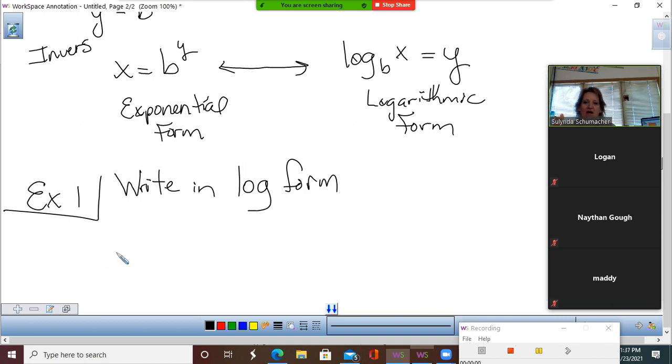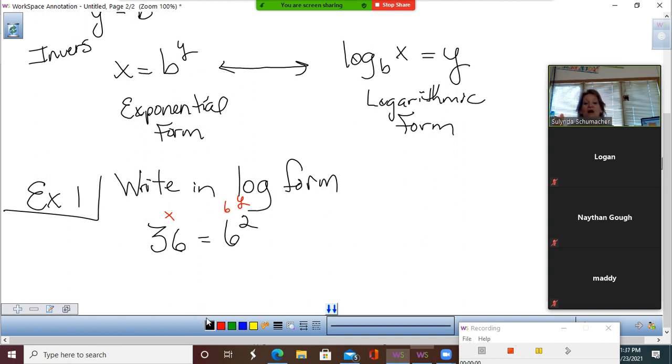So you're going to have something that looks like 36 equals 6 squared, which we know is true, right? So this is exponential form. If you look at this one, this is the x, this is our b, and this is our y. Fits right along with how this is written.